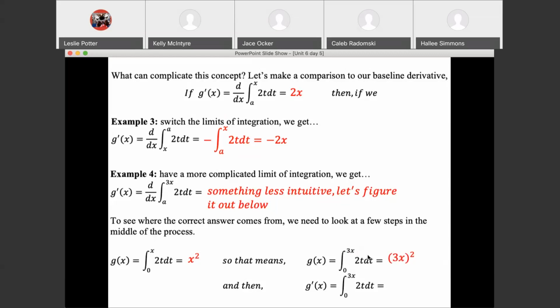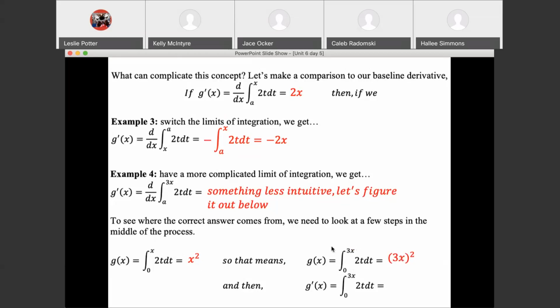Does that make sense? Because this one said basically I have x squared. You throw the upper limit into the squared function. And so I'm going to do the same thing here. That's in fact what's happening.